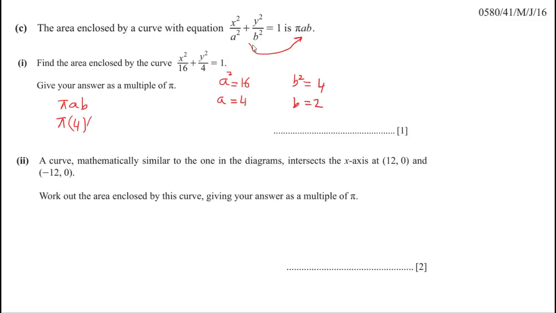So put 2 here. So it is 8 pi. Sorry, it is not AB, it is pi. The area is 8 pi.